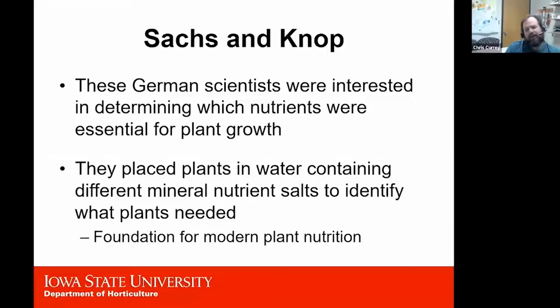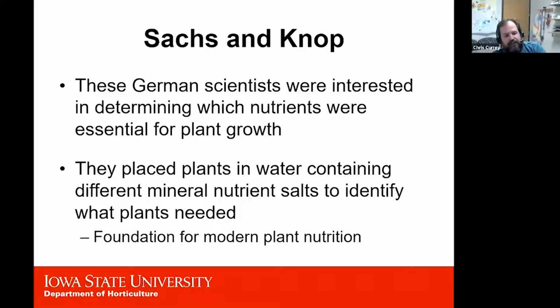Now, the hydroponic ideas start to get a little more well-defined when the German scientists, Sachs and Knopp, were trying to determine which nutrients were essential for plant growth. This study actually formed the foundation for our modern-day understanding of plant nutrition in horticulture, not just floriculture. What they did was place plants in different water solutions containing different nutrient salts to identify what plants needed to complete their life.